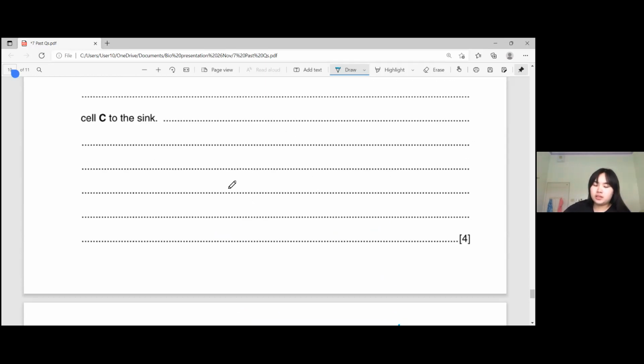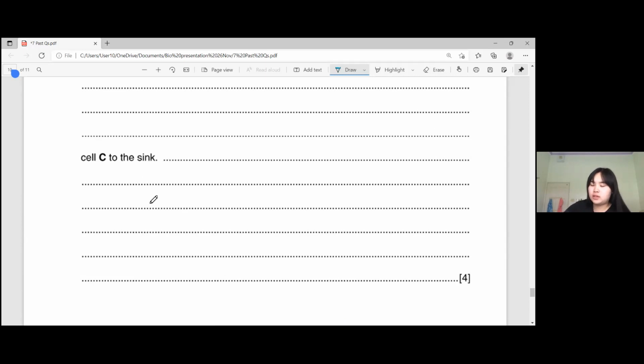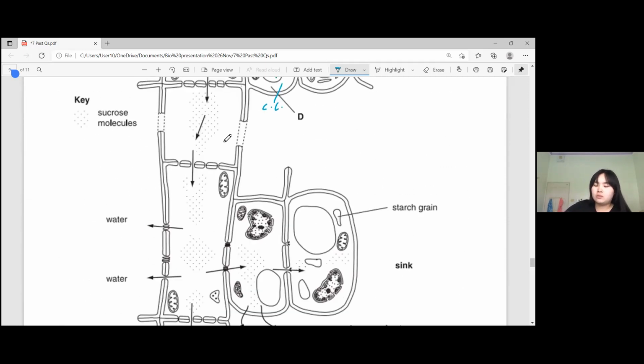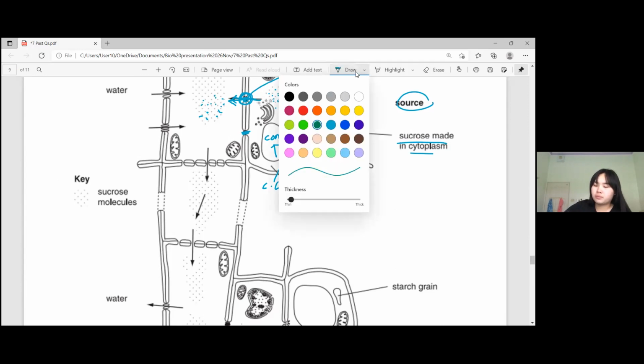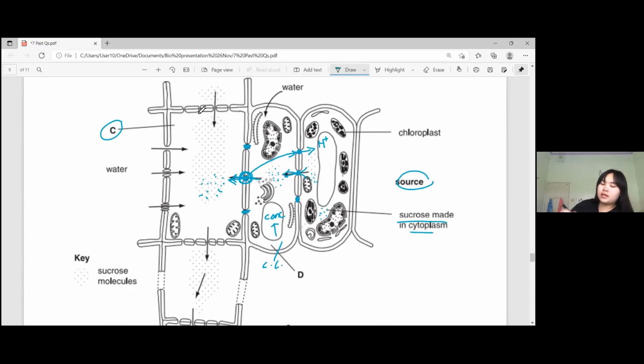Right, so we see the next one, from cell C to the sink. Inside the sieve tube element, when the sucrose enters here, it decreases the water potential inside the sieve tube elements, and hence the water from the neighboring cells and the xylem vessels will enter the sieve tube elements by osmosis down the water potential gradient.